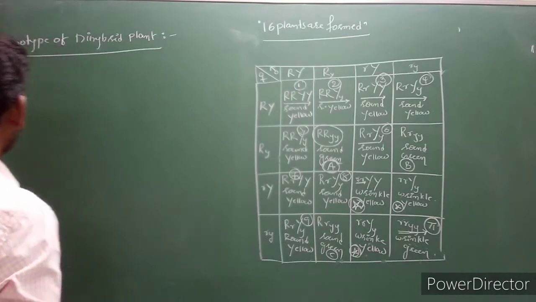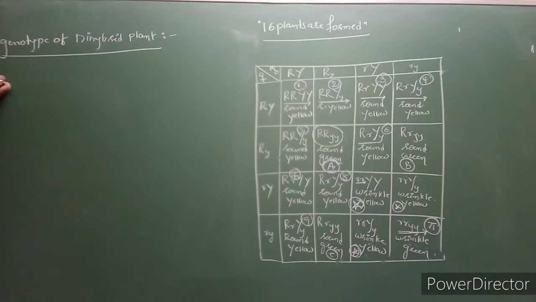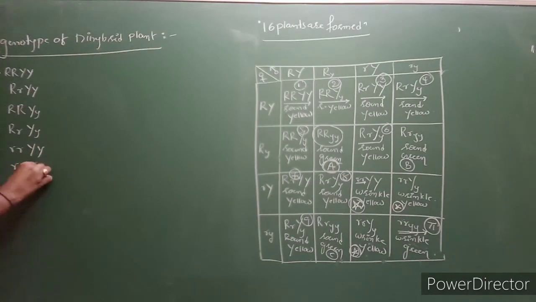Okay. Let's write it here. The total are capital R, capital Y, capital R, small r, capital Y, capital R, capital Y, small y, and capital R, small r, capital Y, small y, capital Y, small r, small y, capital Y, and capital R, capital Y, and capital R, small y.